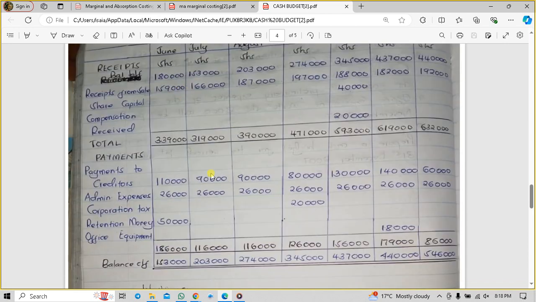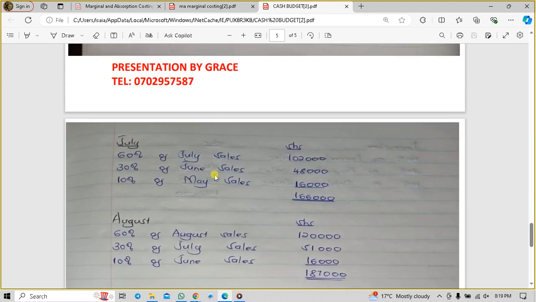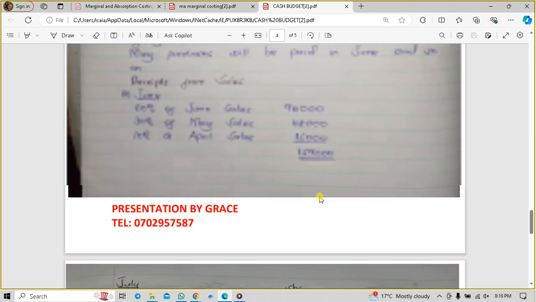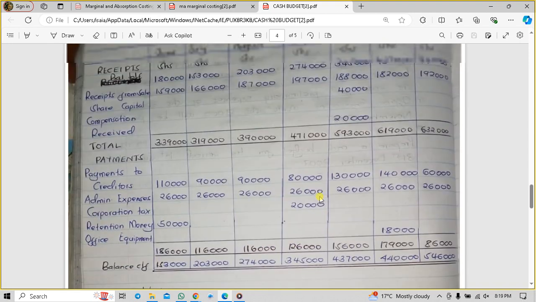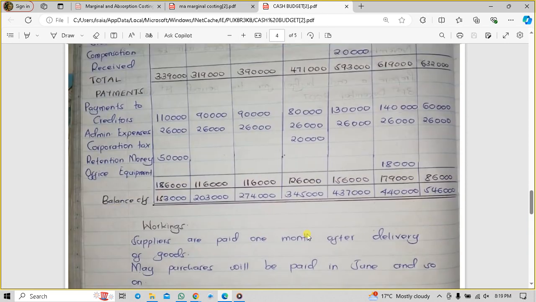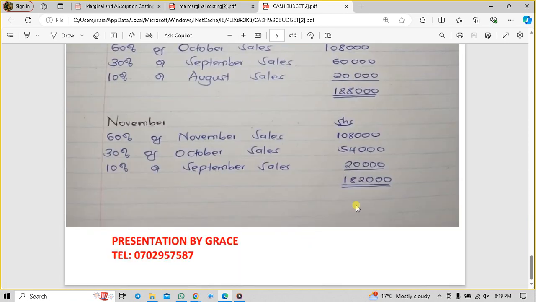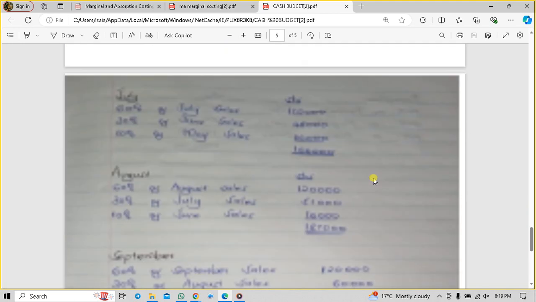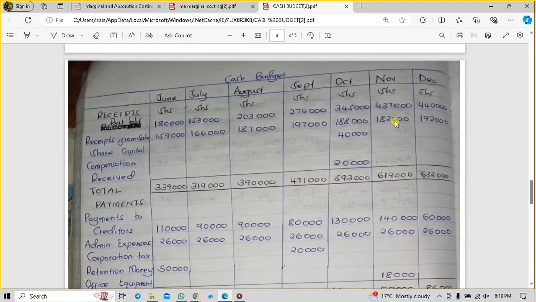The month of July, 166,000. Actually, you're supposed to calculate up to the month of December. So the month of November, we have 182,000. That means that the month of December is 192,000. I hope this is clear. This is where we normally have issues.